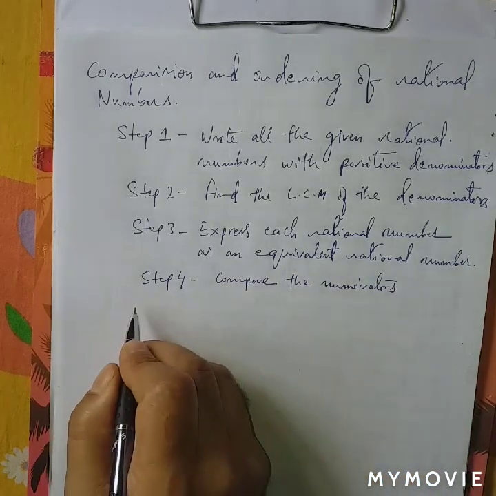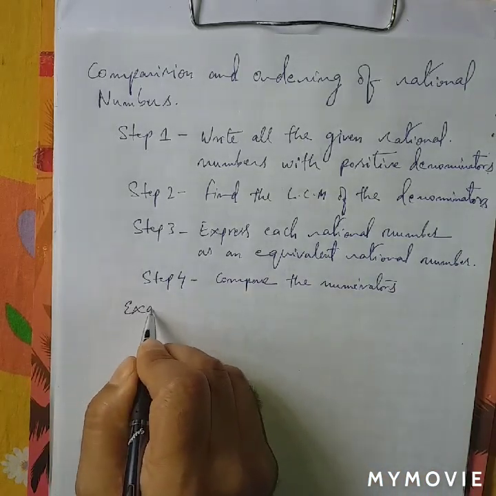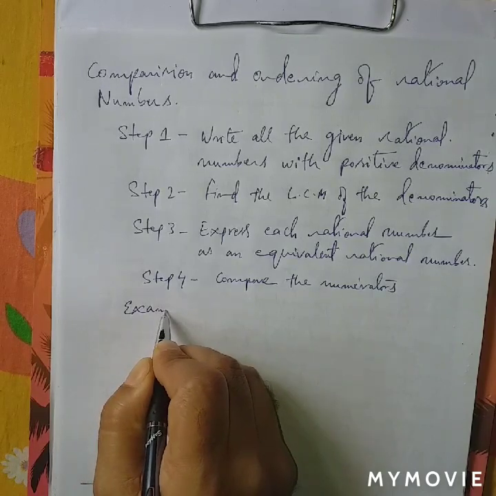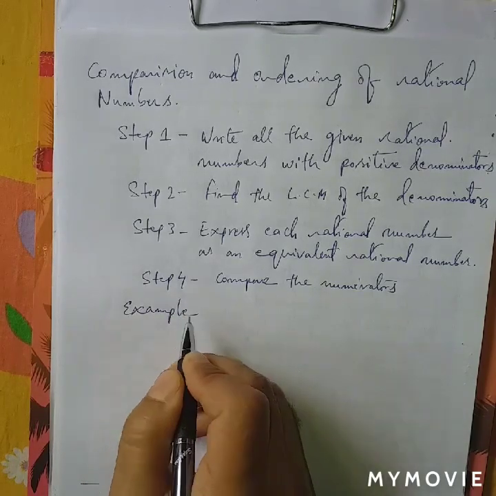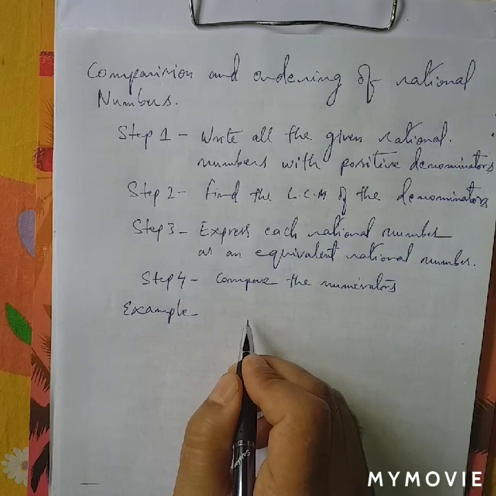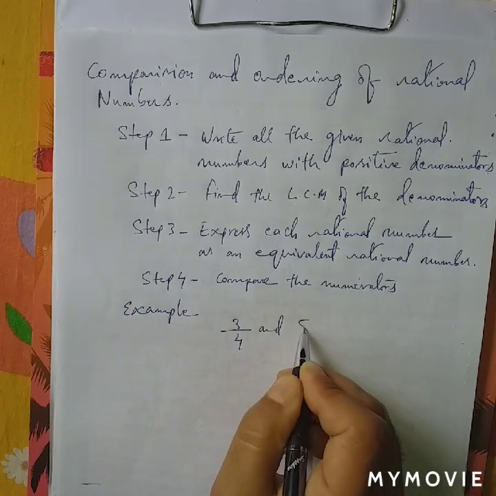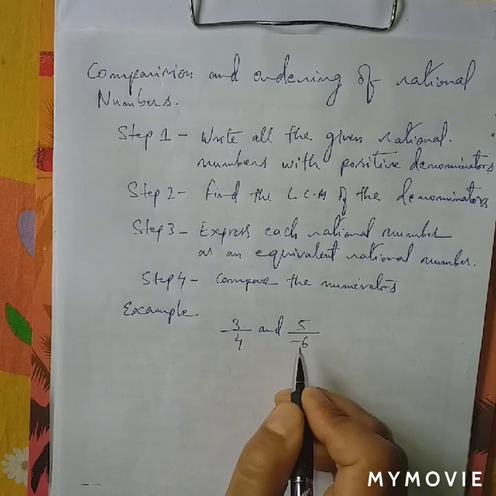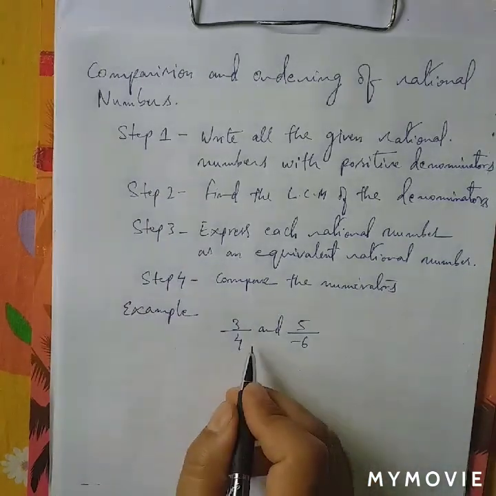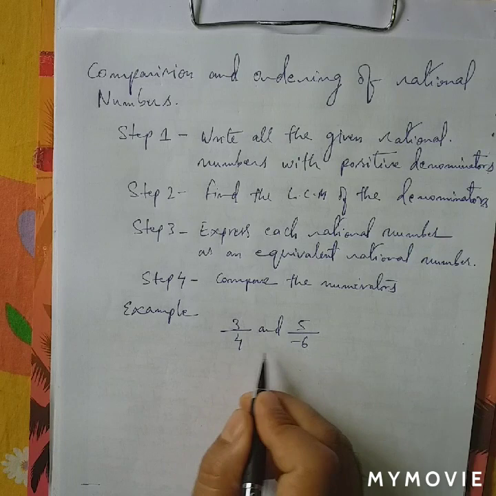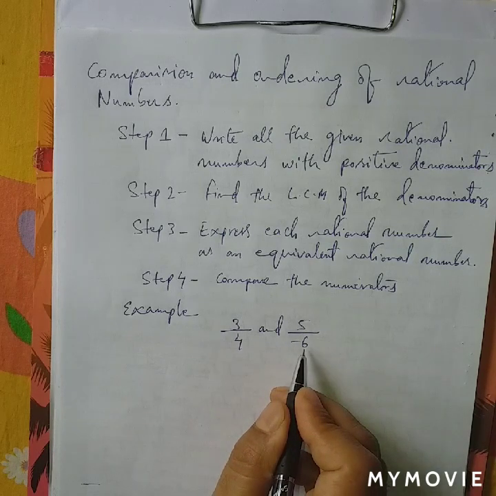So with an example we can see here. Now let us compare 3 by 4 and 5 by minus 6. According to step number 1, first we have to make the denominator positive.